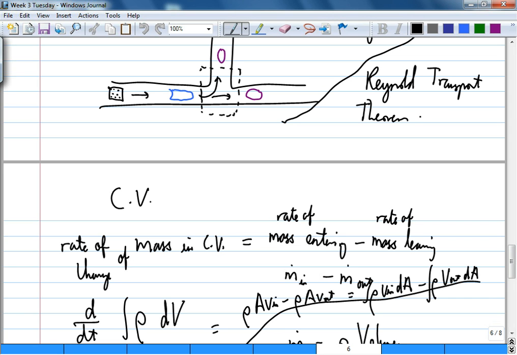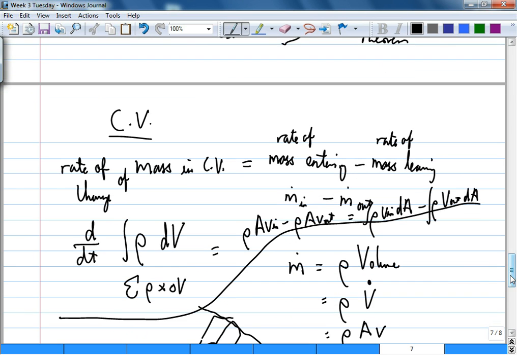Those who like a lot of challenges can go and read this and think about it. But this is a simplified way. For a particular control volume, a particular box, the mass inside the box can go up and down. It will not be conserved.